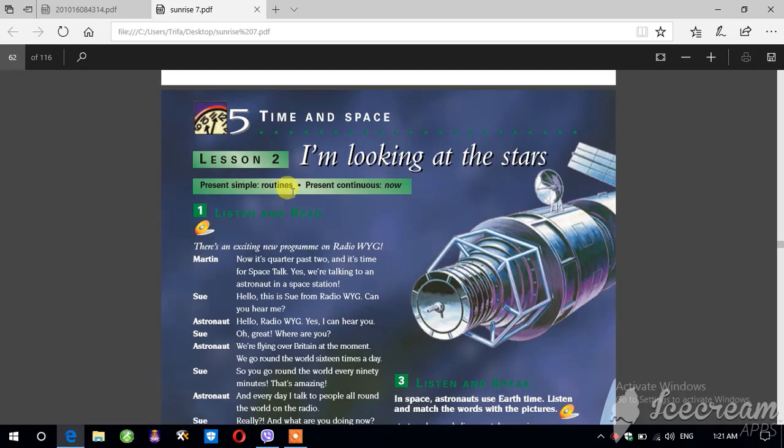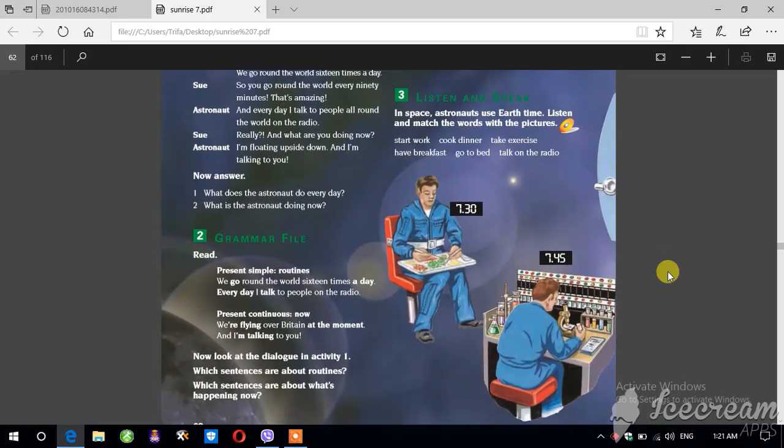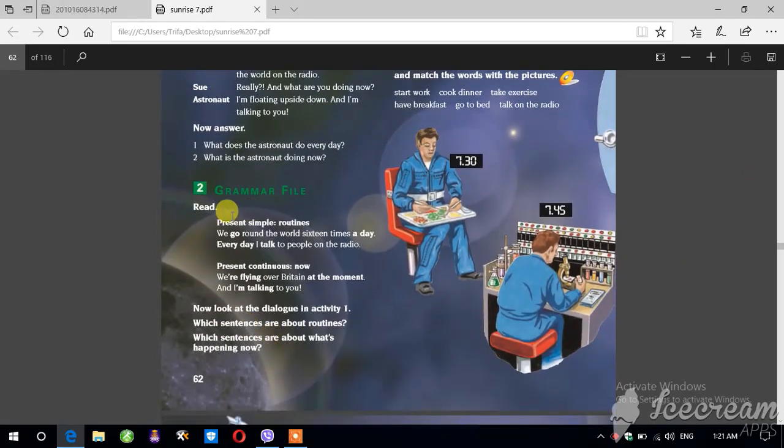We say it present simple. If you look at the structure of present simple, look at here, present simple routines.